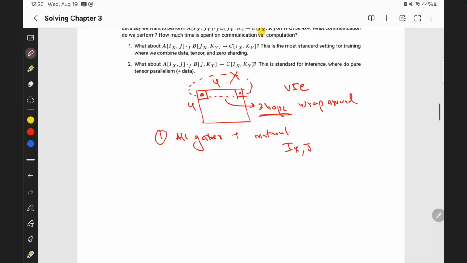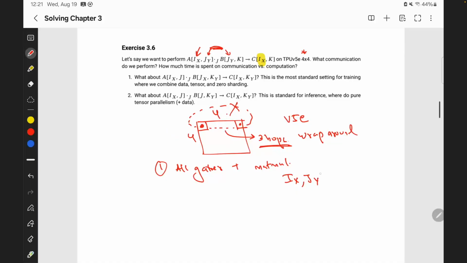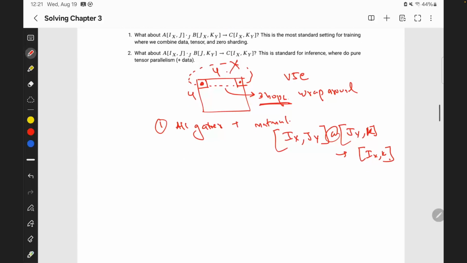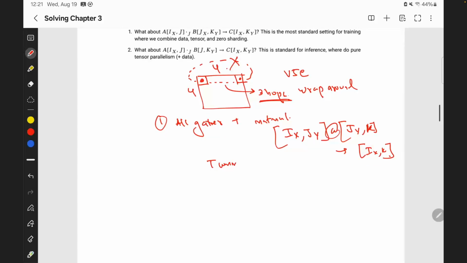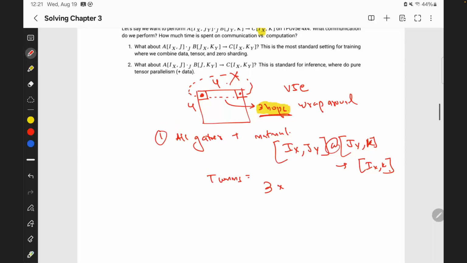So let's first write down the shapes. You have ix, you have zy, and then zy comma k, and you do matmul here and you get the results ix comma k. So if you check the comms here, as I said, you have 3 hops at the worst case scenario. So you have a factor of 3 here, and then your i is sharded, your j is sharded.